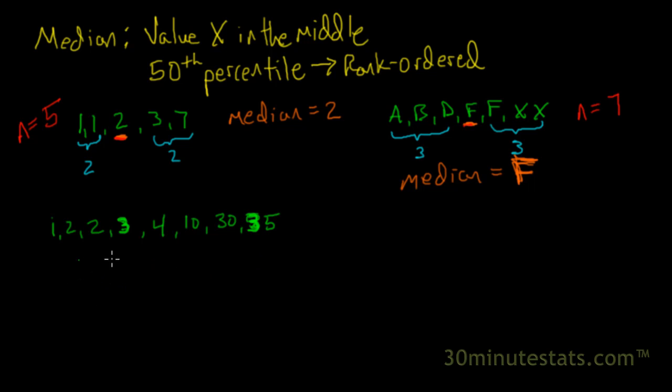Okay, so in this set of observations we have 8 observations, so our sample size is 8, so n equals 8.